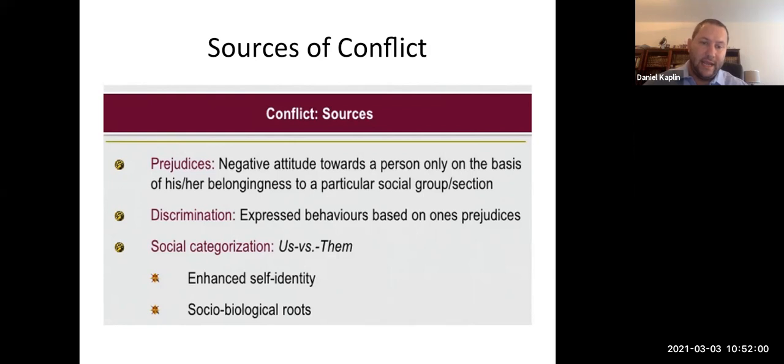So we want to enhance our personal identity, those who are more similar to us, and we want to castigate or push aside those who are different. And this has both biological and social roots, right? So nature and nurture at play with this.